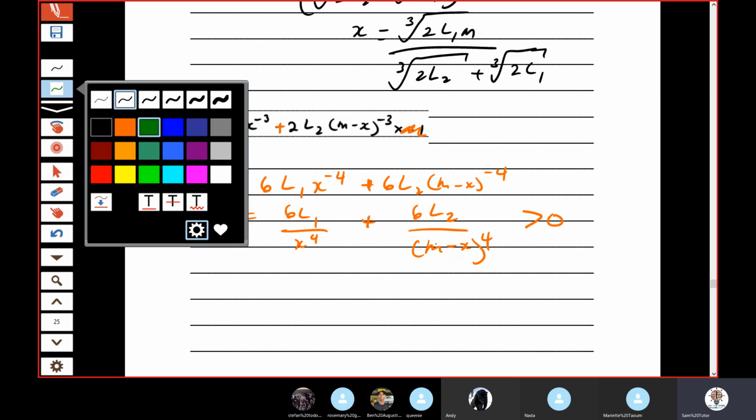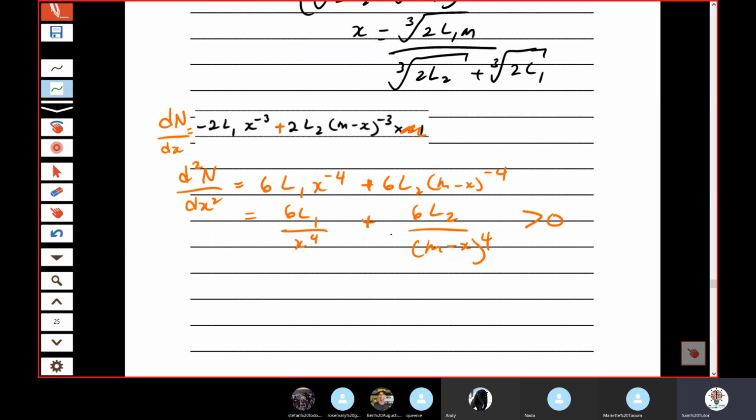You cannot just say it's greater than 0. L1, L2, m, x to the power of 4 and the other x to the power of 4 are all positive. These guys, because of length.